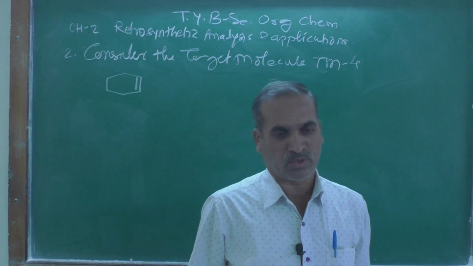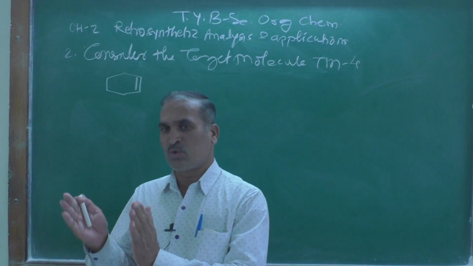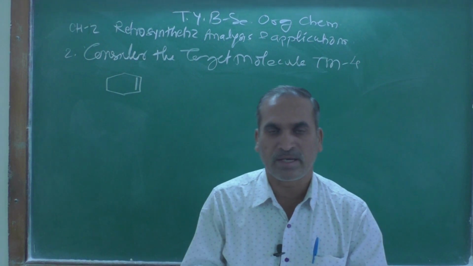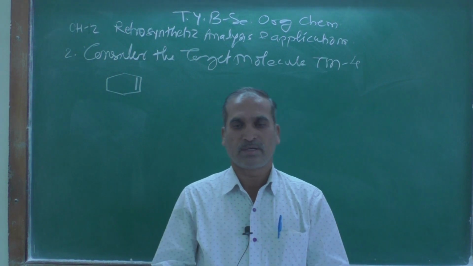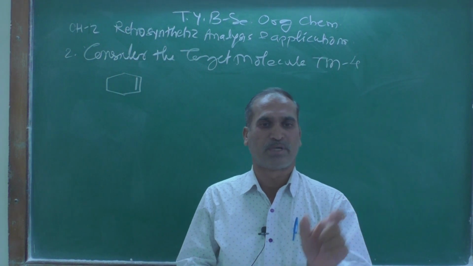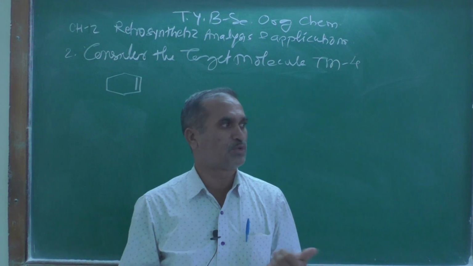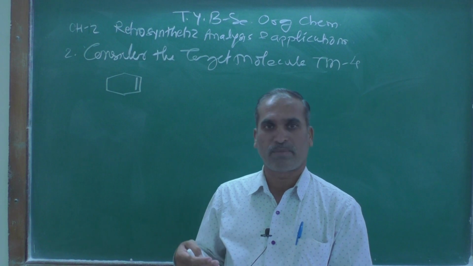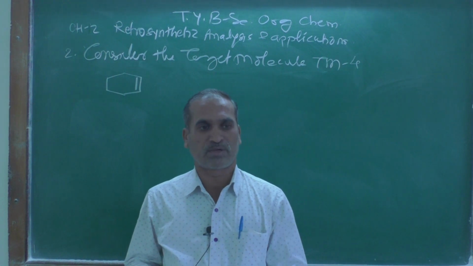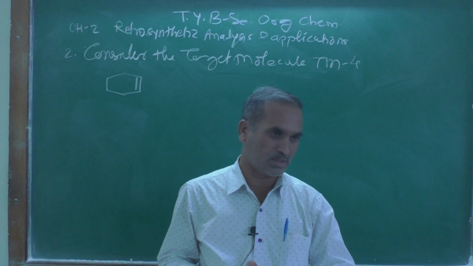Because target molecule means what? The molecule whose synthesis is being planned is called the target molecule, and they are represented by the frame numbers TM1, TM2, TM3 like this. And we are discussing retrosynthetic analysis.